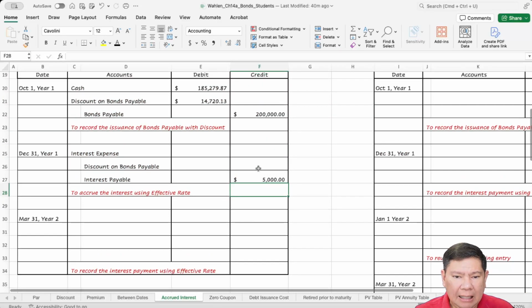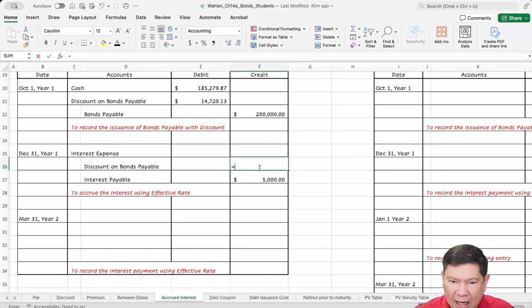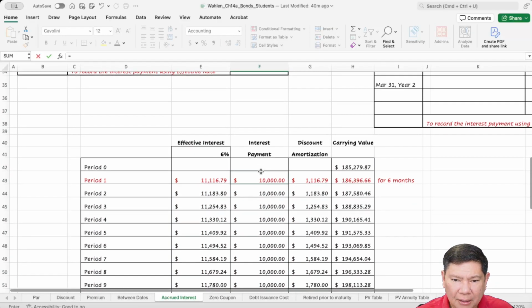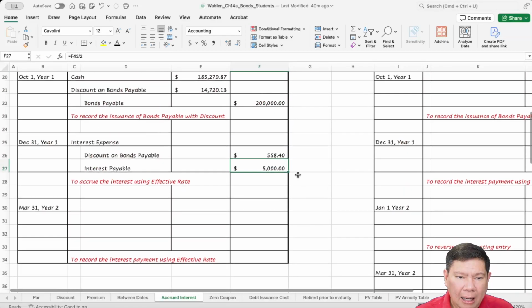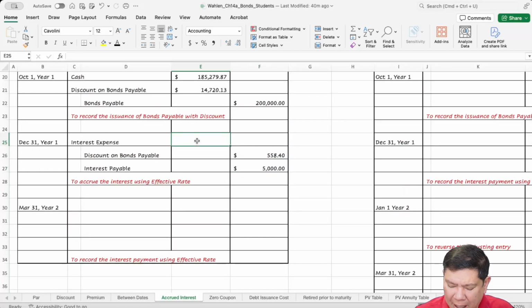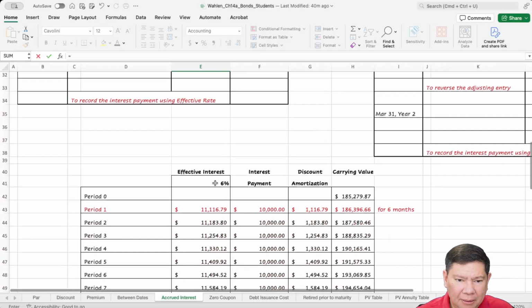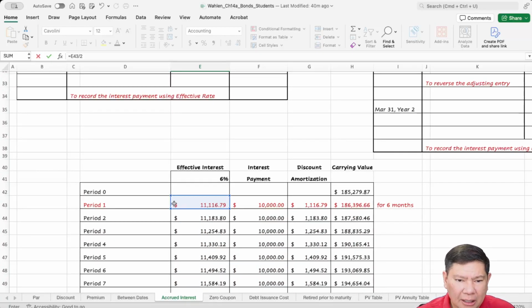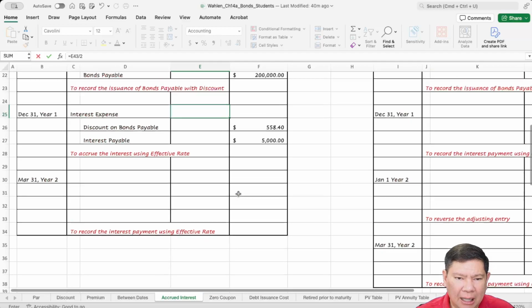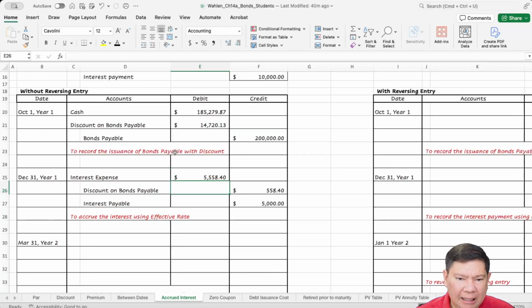The amortization of the discount would be half of this schedule. And the interest expense will be half of the schedule. Because remember, the schedule here is for 6 months, and the journal entry that we do here is for 3 months. So we divide that by 2.